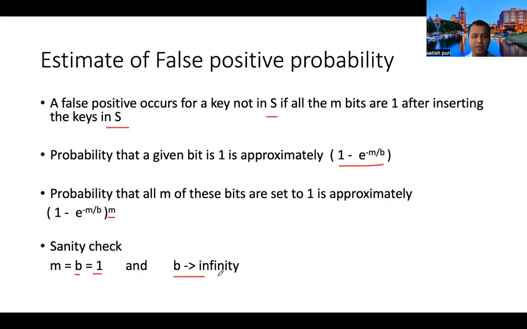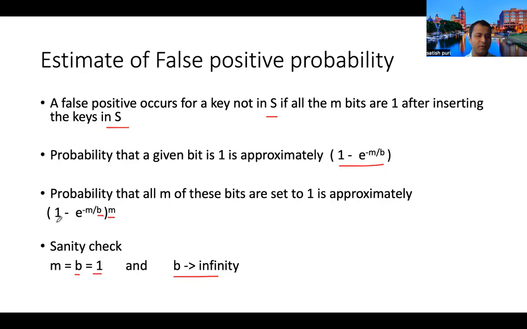But if per key storage is very high, then you assume the false positive rate to be less. So if b is infinity, this will make it 0, e to the power 0 is 1, so 1 minus 1 is 0 to the power m.